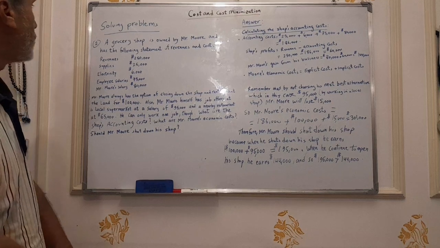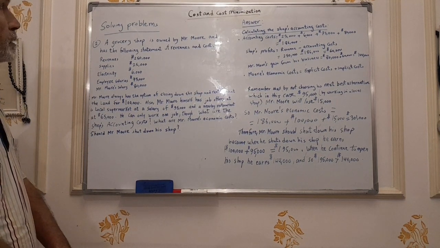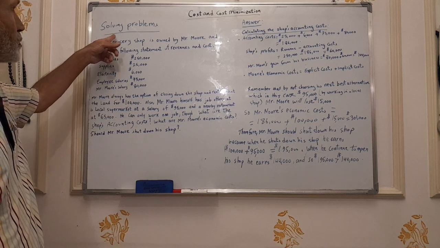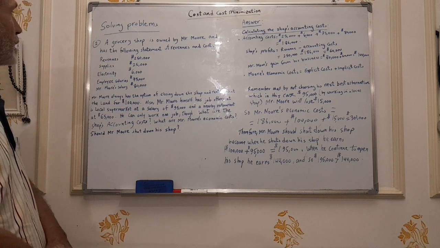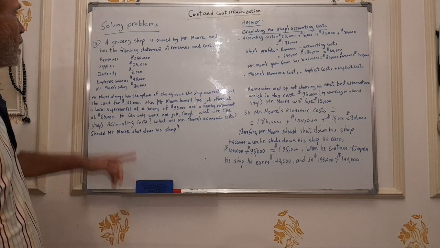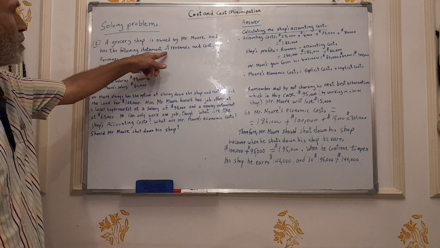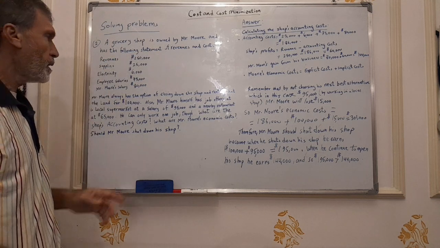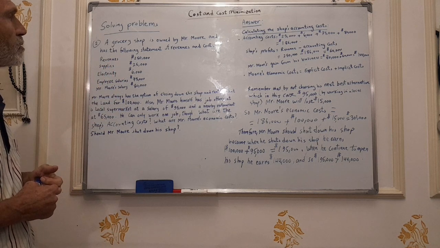Okay, now we have another problem to solve in this group of problems. Problem 2 in the book says a grocery shop is owned by Mr. Moore and has the following statement of revenues and costs.